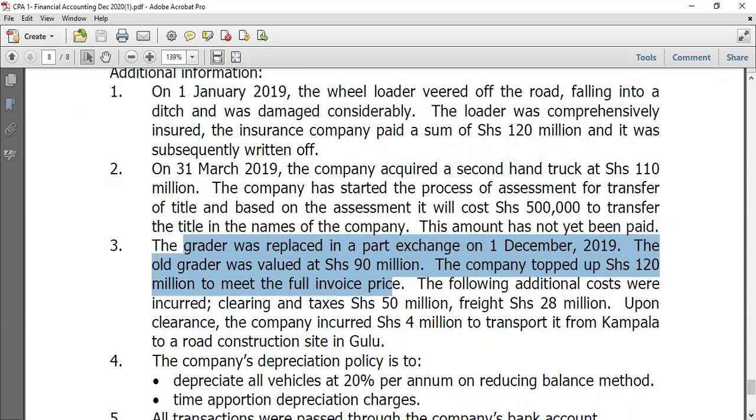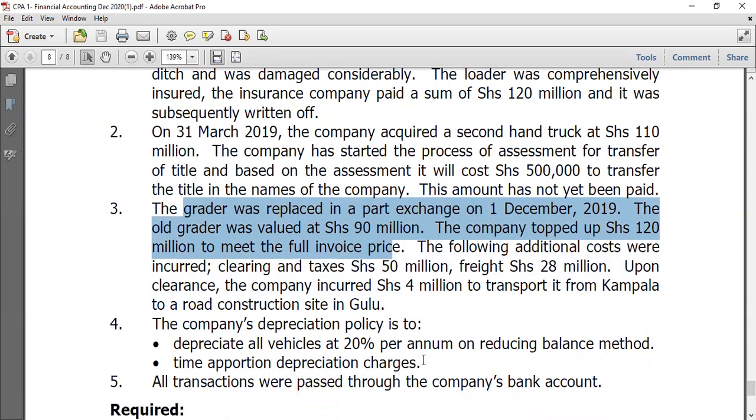And the reason why we do it is because of the depreciation policy, which says that we time apportion depreciation charges. Now, you come across some questions that will tell you that the depreciation policy is we depreciate fully in the year of purchase and none in the year of disposal, okay? Now, that is the alternative to time apportionment.